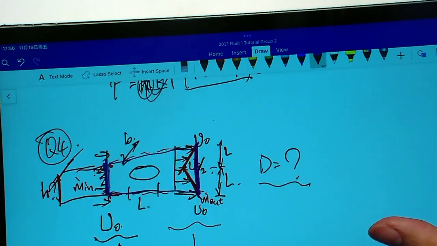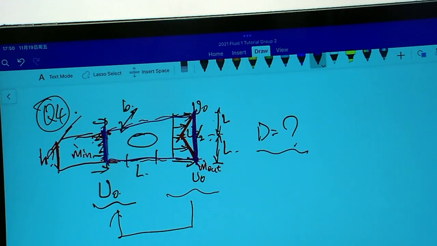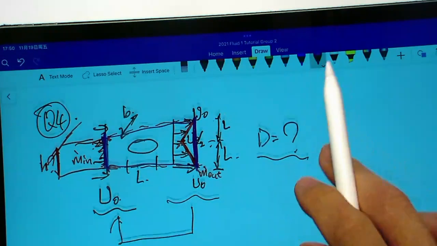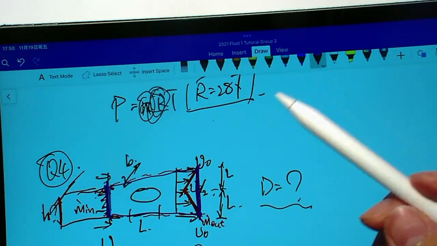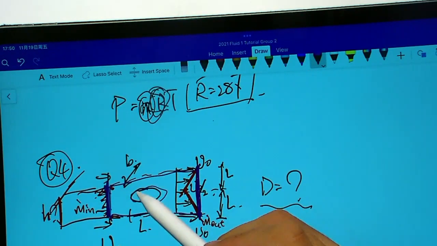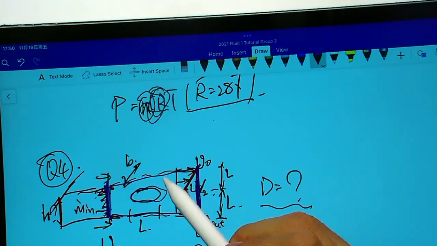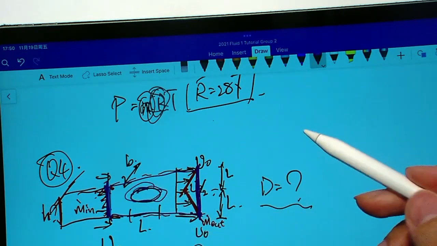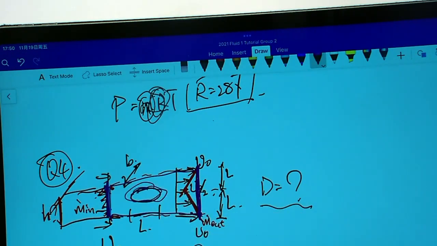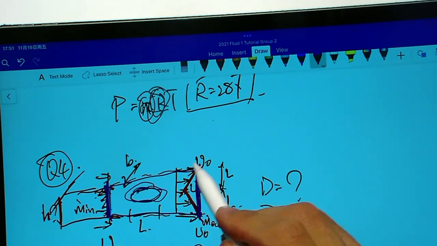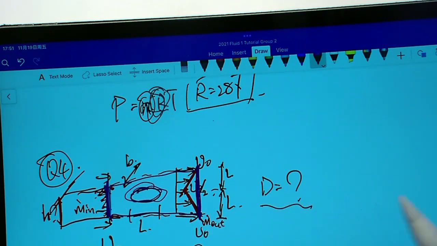So let me go through the idea of this question quickly. At the beginning, since we have an object, we must have some loss of momentum. That loss of momentum is exactly what we want in terms of drag. So we need to find the control volume to find that momentum loss.